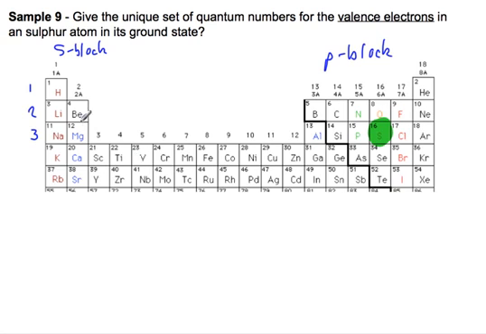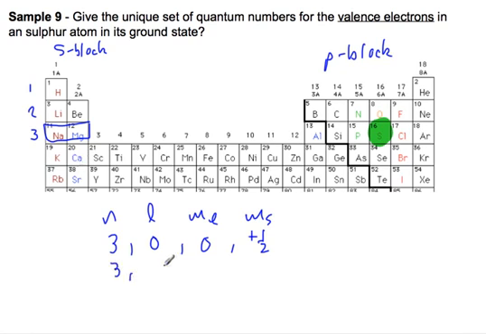So the S block, we're talking about these 2 electrons. I'm just going to put this down to give us a bit of guidance. So when it's the S block, n equals 3 and L equals 0. ml equals 0, and spin, give it plus 1/2. So that's one of those electrons.